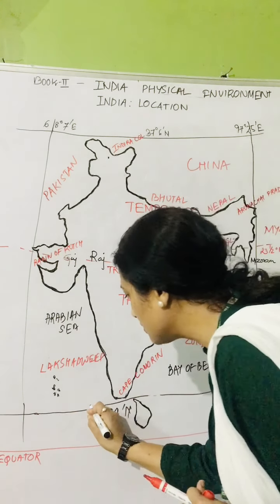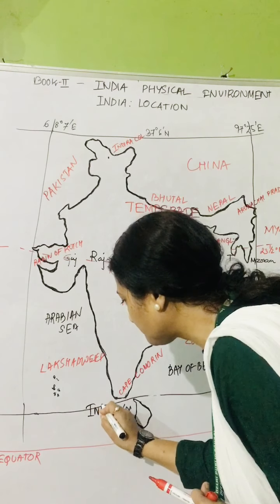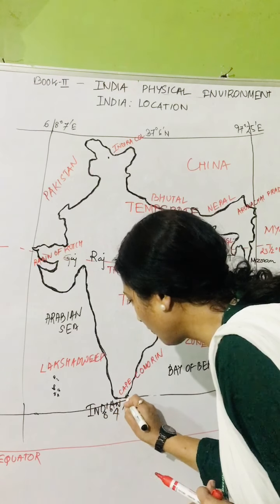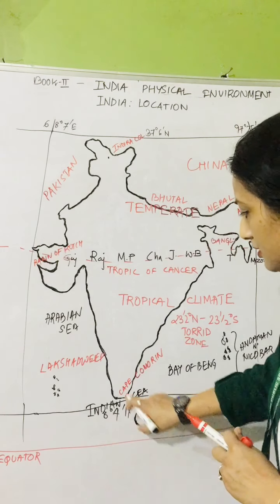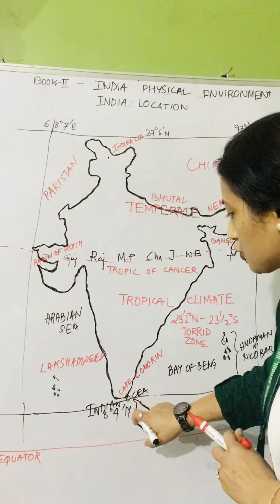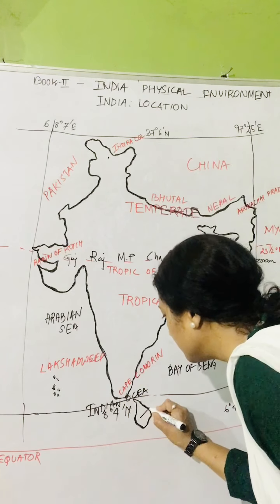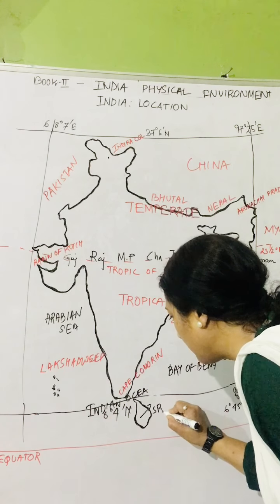This part is the Indian Ocean. In the Indian Ocean there is one country very close to ours, that is Sri Lanka.